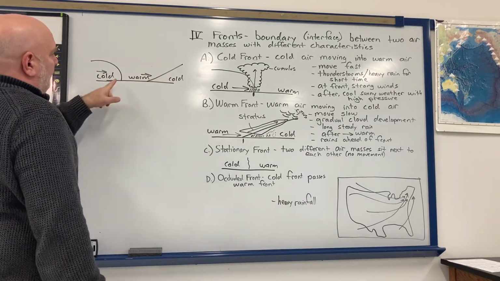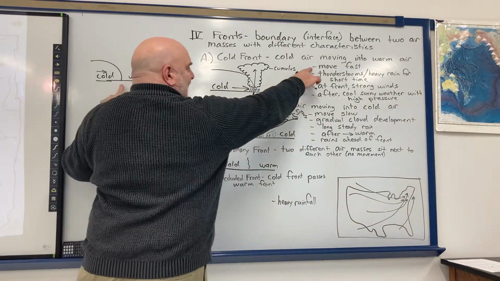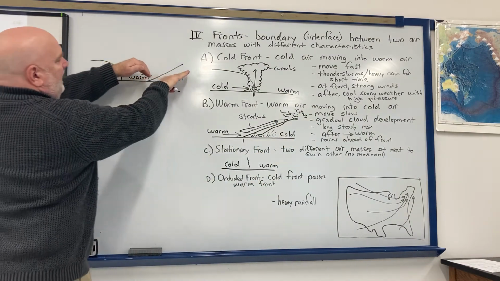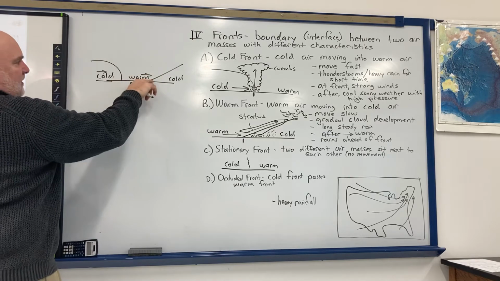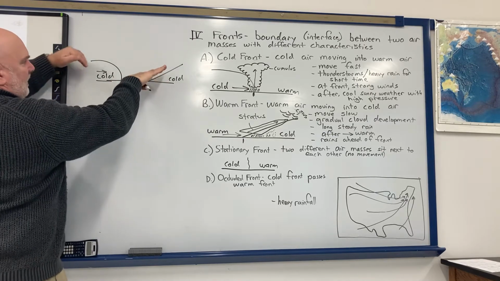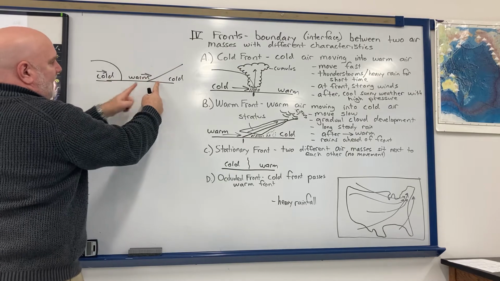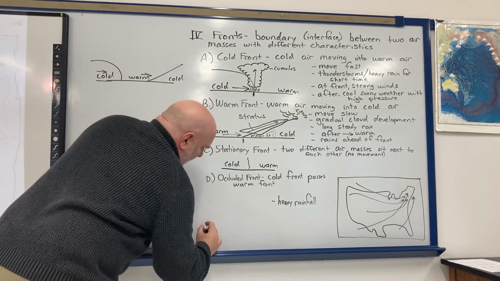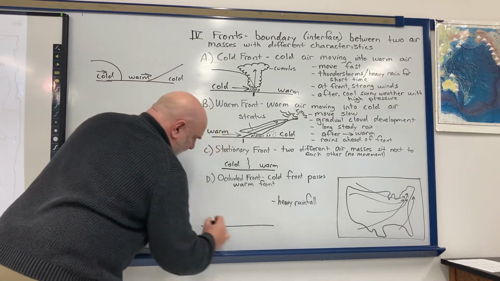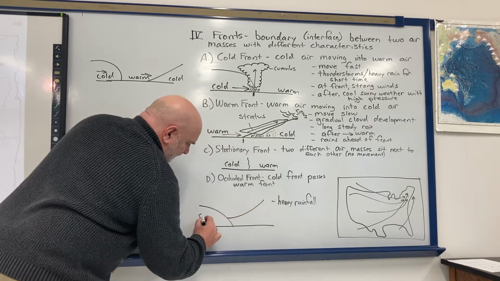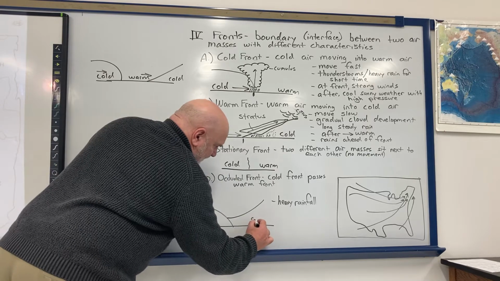But the thing is, cold fronts move faster than warm fronts do. So this whole thing's moving this way, and this front right there is eventually going to catch up to that front right there. When it catches up to it, these two cold air masses combine, and I end up with something basically like this.